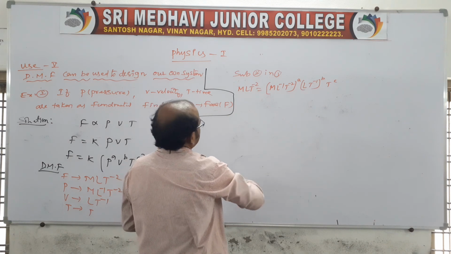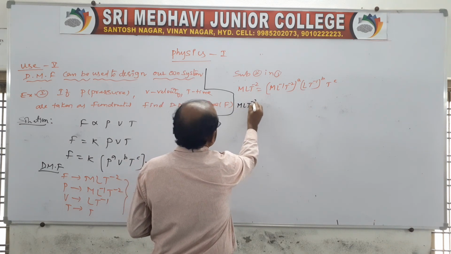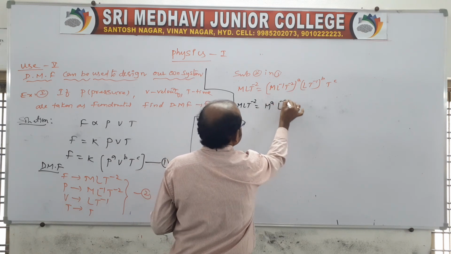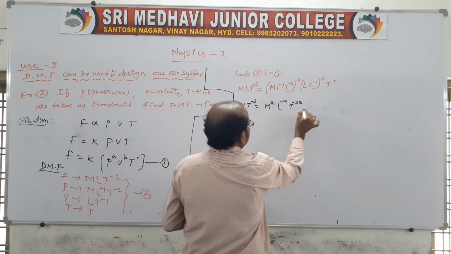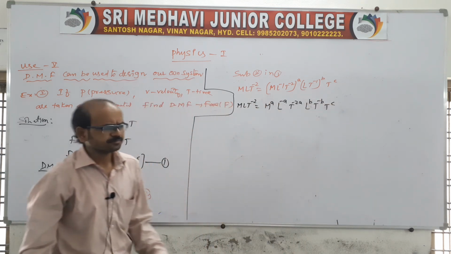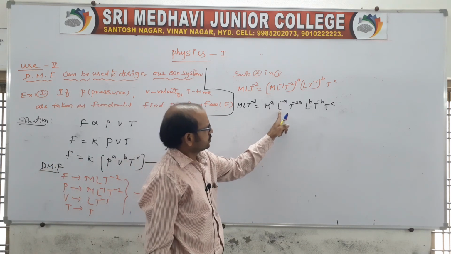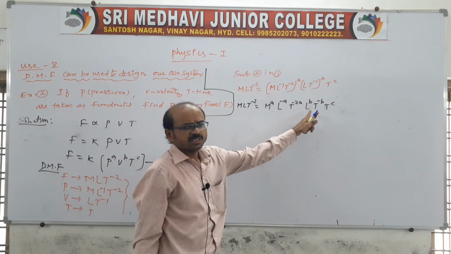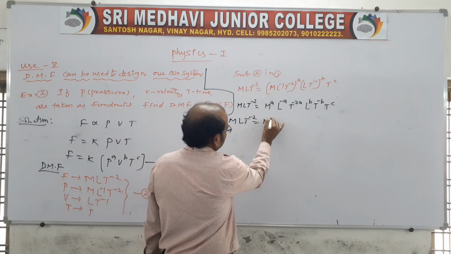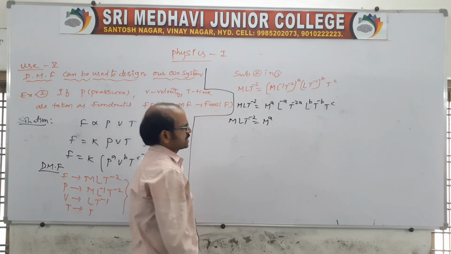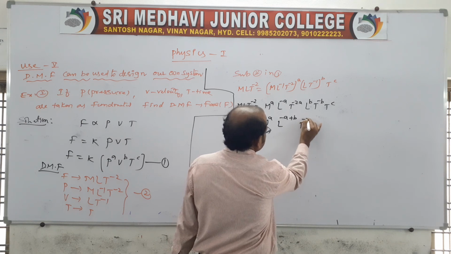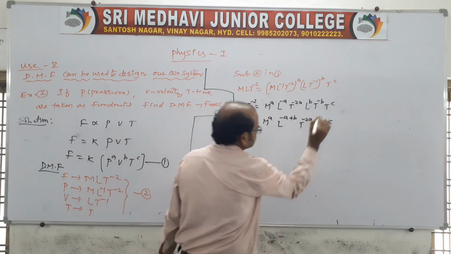Now you take M L T^-2 equal to M^A L^-A T^-2A, and here L^B T^-B T^C. Again look at the right side: whenever the bases are the same, the powers are to be added. Therefore M L T^-2 is equal to M^A, L^(-A+B) and T^(-2A-B+C).